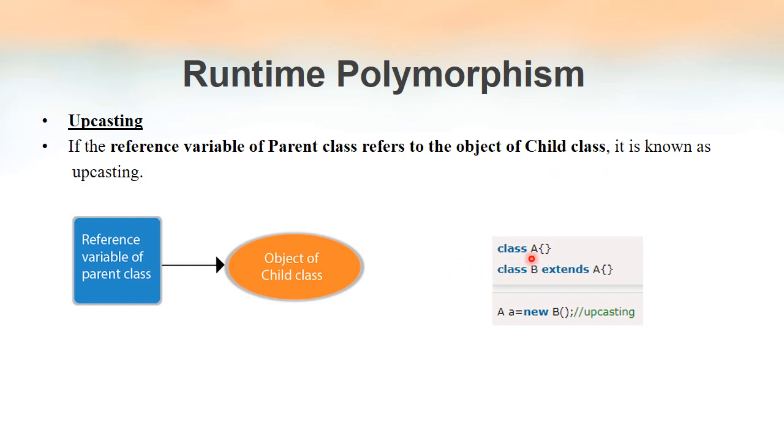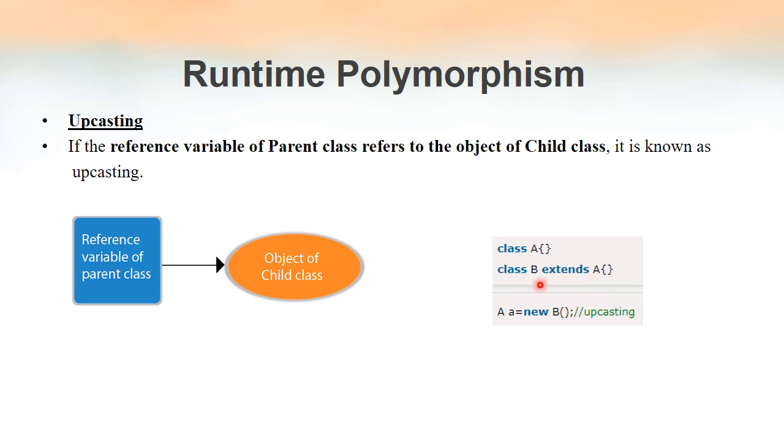See here, we have class A. I have not written any lines of code because I only want to explain what upcasting is. And I'm writing class B, which is going to extend class A. So B is the child class and A is the parent class, isn't it?